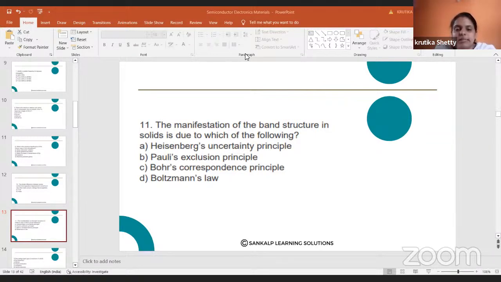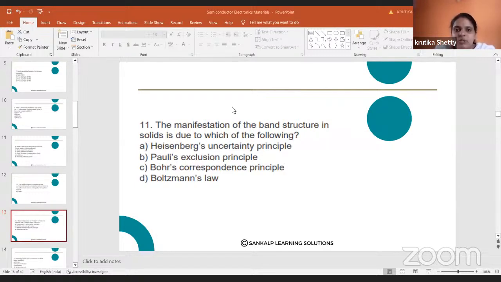Pauli's exclusion principle. Yes. Pauli's exclusion principle obeys the 2n square rule, correct? So that will be helpful for the explanation of the band structure of the solid.